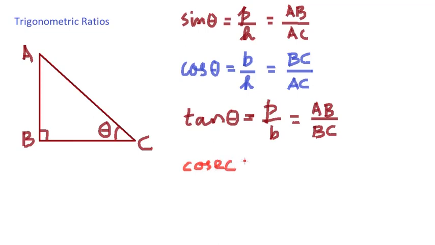So cosec theta is equal to 1 by sine theta, which is equal to H by P, since it is the reciprocal. And with respect to this given triangle, it will be AC by AB.